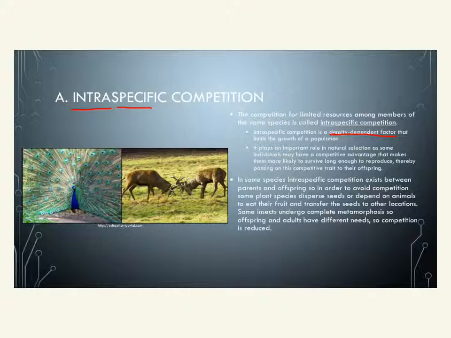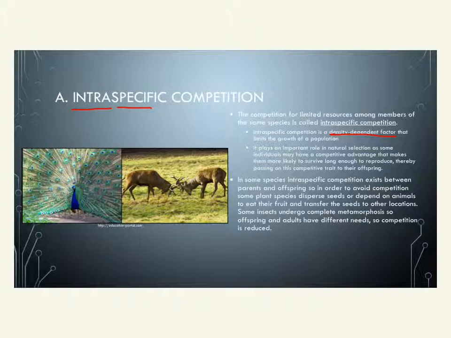That would mean that it is more likely that those genes are going to be the ones passed on to the next generation, and over several generations you might see some changes within that species. So this intra-specific competition really drives that natural selection.